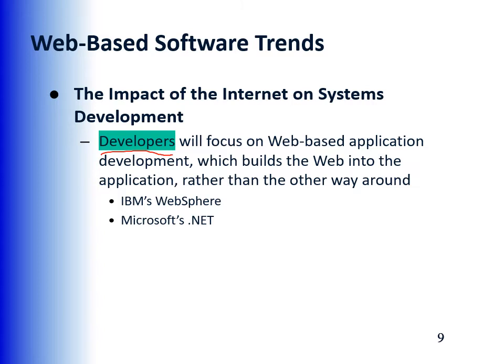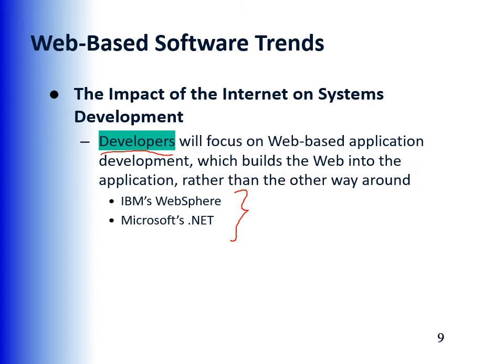Two major examples of web-based development environments are IBM's WebSphere and Microsoft .NET. Building the application in a web-based environment can offer greater benefits and sometimes also greater risk, compared to the traditional environment.